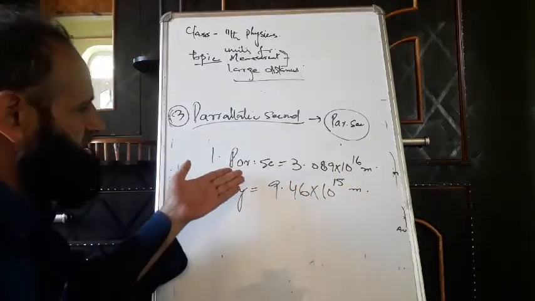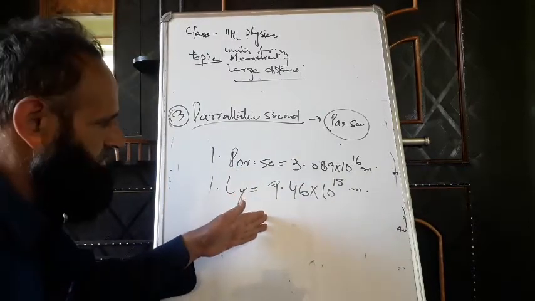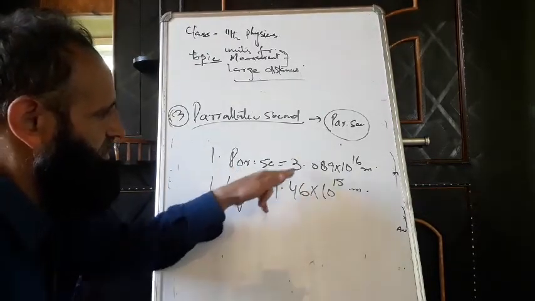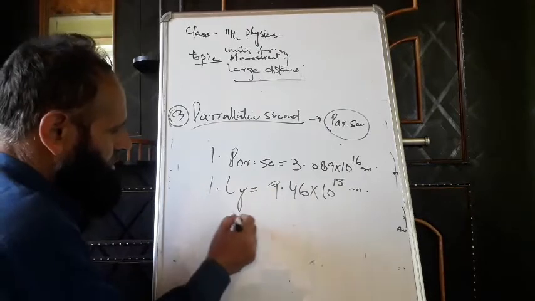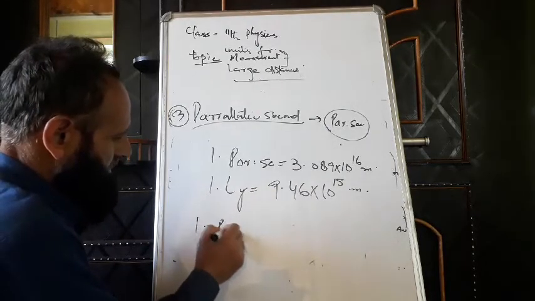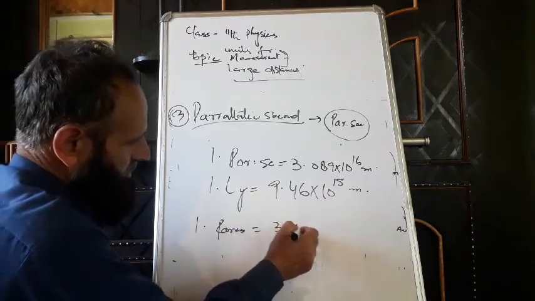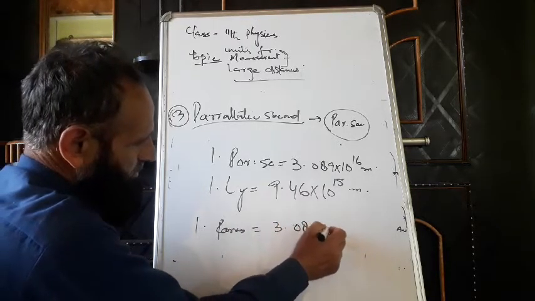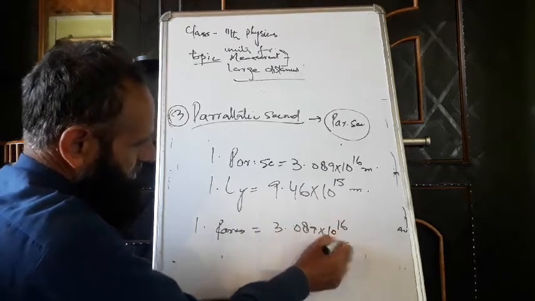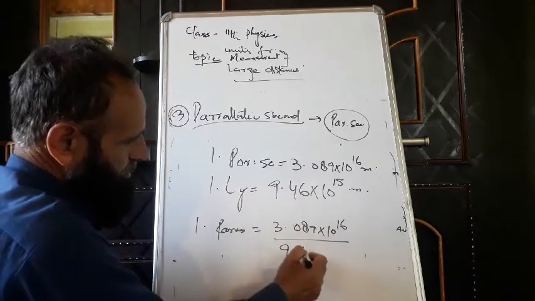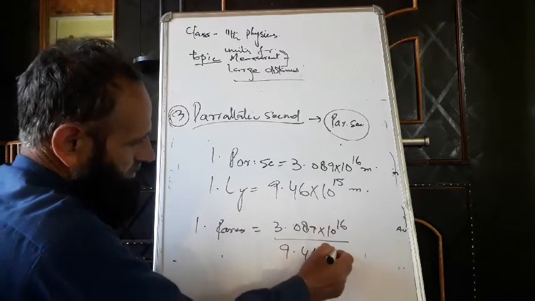Now let us change this parsec into light years. We can divide this by this. One parsec is equal to 3.089 into 10 to the power 16 divided by 9.46 into 10 to the power 15.